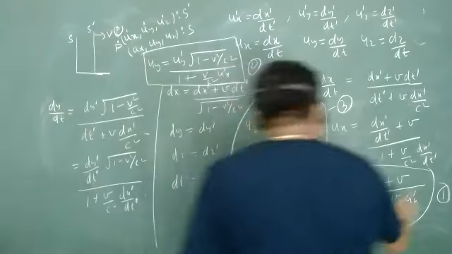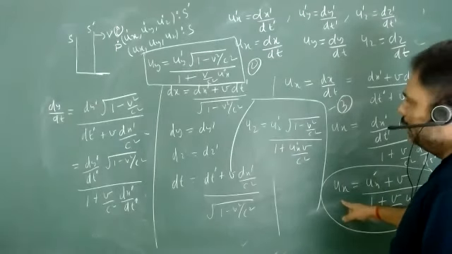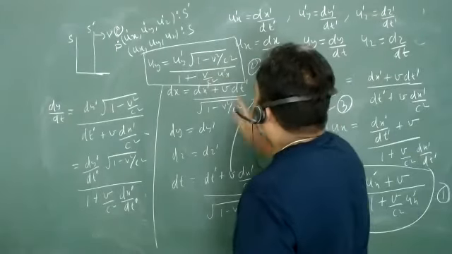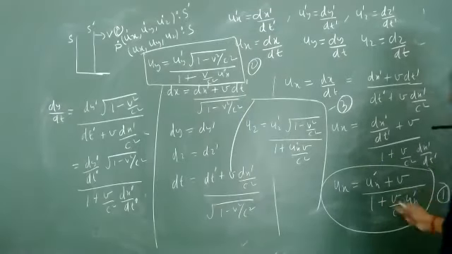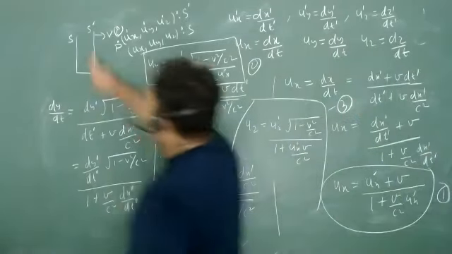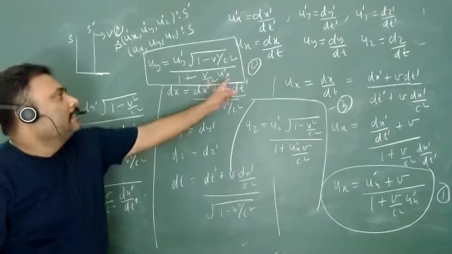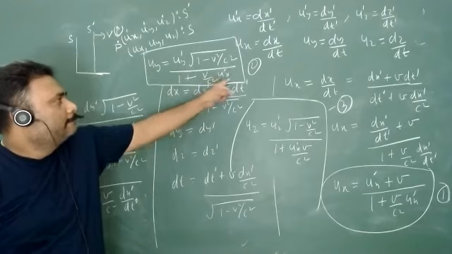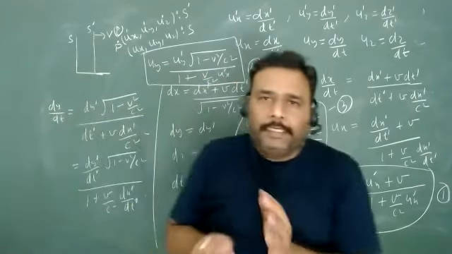So we have an entirely different form for ux, and uy and uz have the same form. And look at this denominator part. This denominator part reveals that my S' is moving in which direction? The x direction, isn't it? This will just give you a feeling of something like u dot v, isn't it?